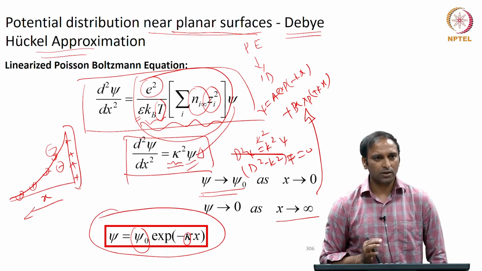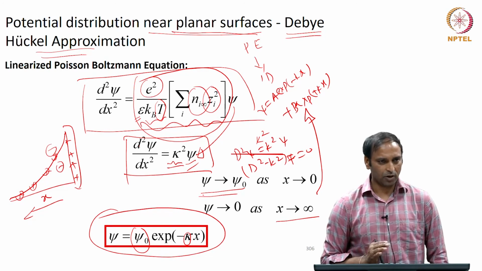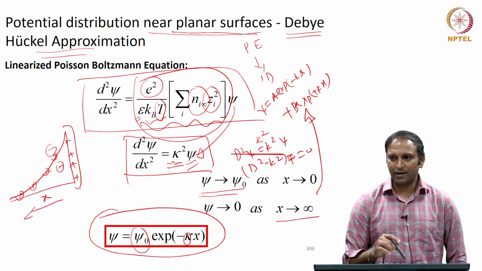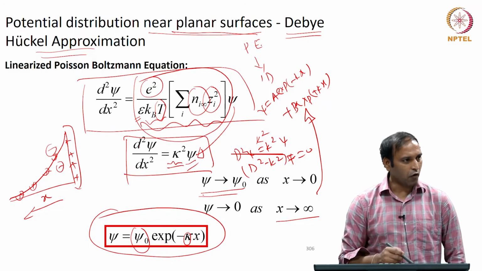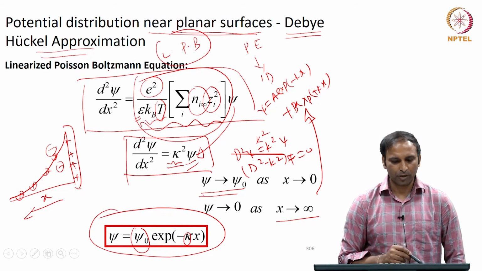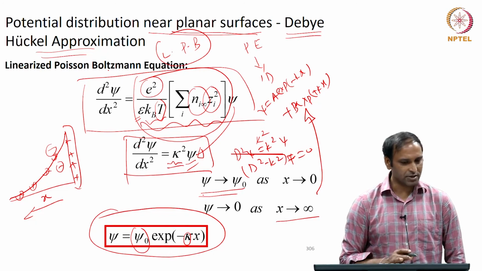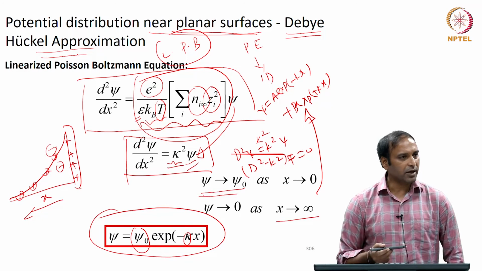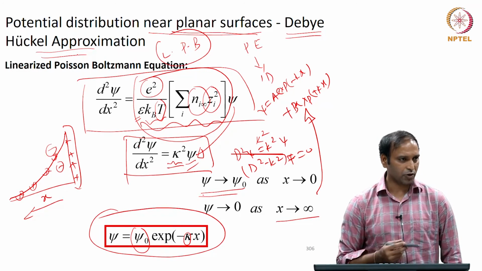Debye and Huckel are the two people who developed the solution for the linearized Poisson-Boltzmann equation, which is applicable for low potential cases. That is why this solution is called the Debye-Huckel approximation, right.